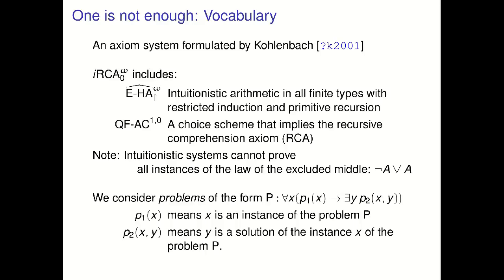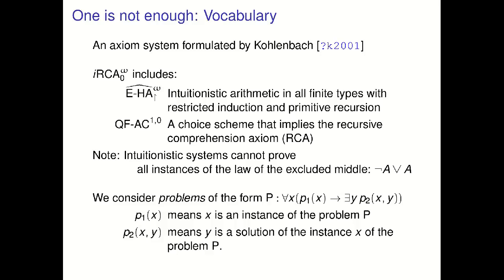So that tells me that not only do I have variables for numbers and for sets of numbers, but also for functionals from sets of numbers to sets of numbers and so on. I always get this backwards. The hat here means restricted induction, and the restriction on the primitive recursion is the crook.